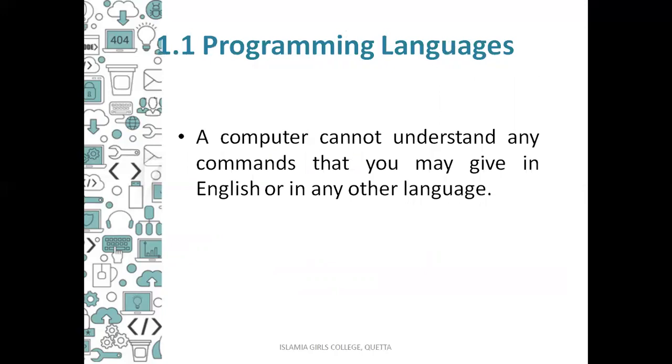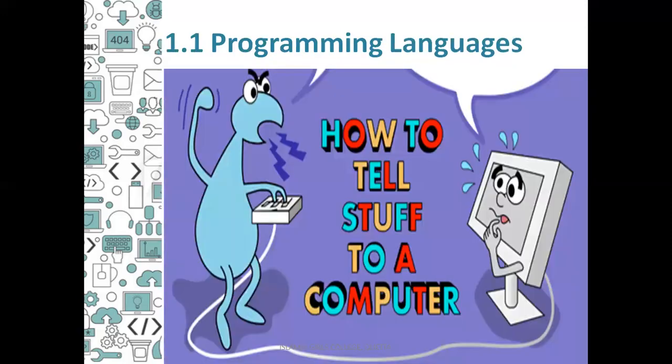Why we are using these programming languages? Because a computer cannot understand any command that you may give in the English or any other language. Okay. So then the problem comes that how you are going to tell stuff to a computer or how you can give instruction to the computer if it cannot understand your language.